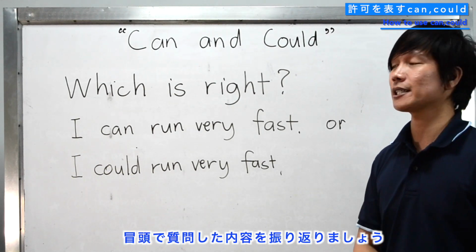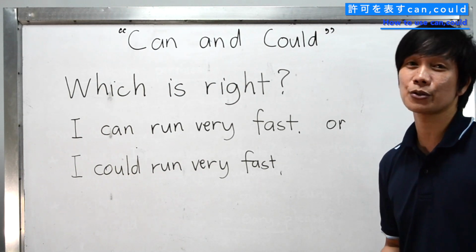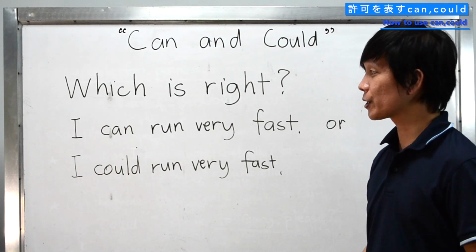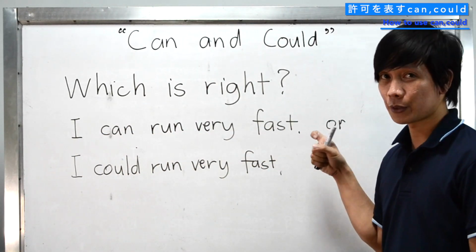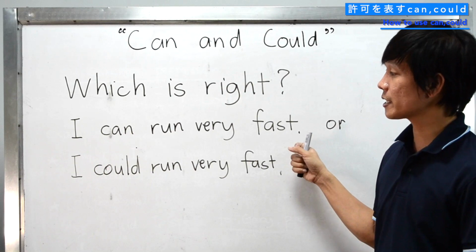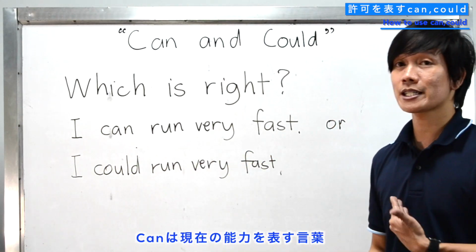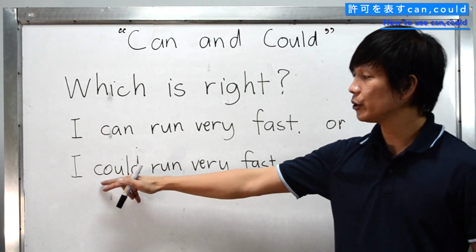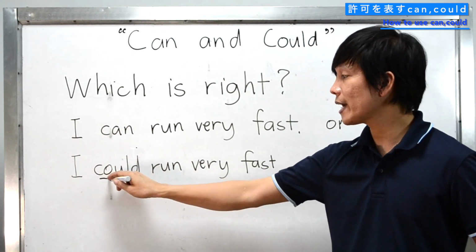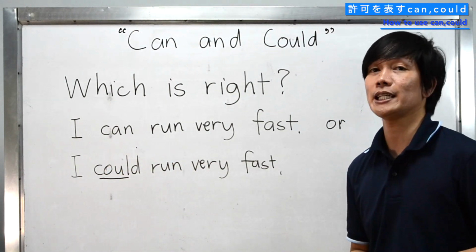So which is right? I can run very fast or I could run very fast? Of course, I can run very fast is the right way of saying it, because as I said, we use can to express ability at present, and we can use could when we want to express something that we could do in the past.